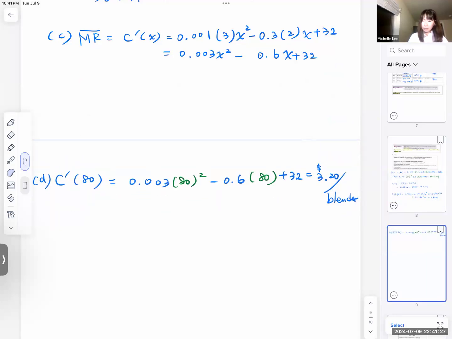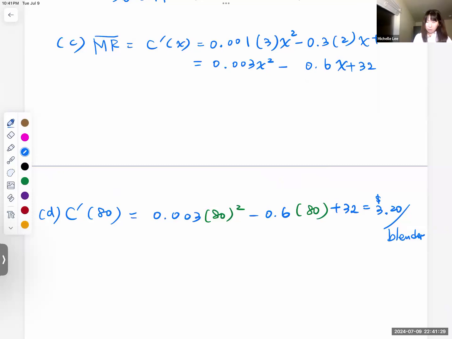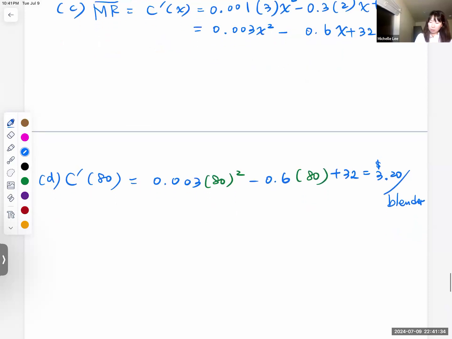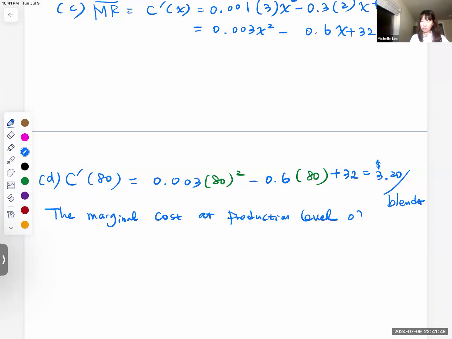So this means the marginal cost at production level of 80 blenders is $3.20 per blender.